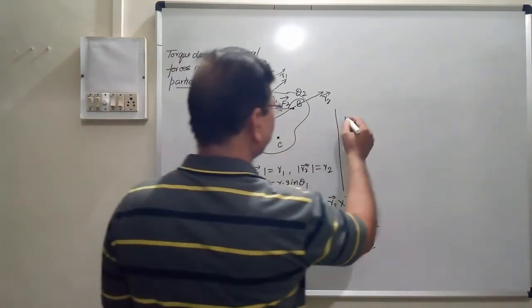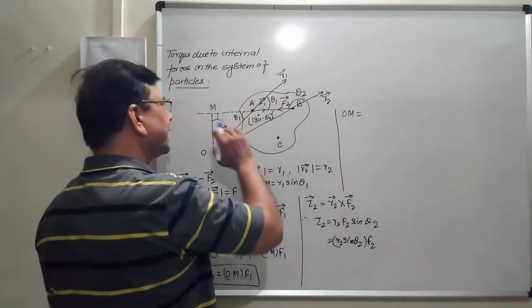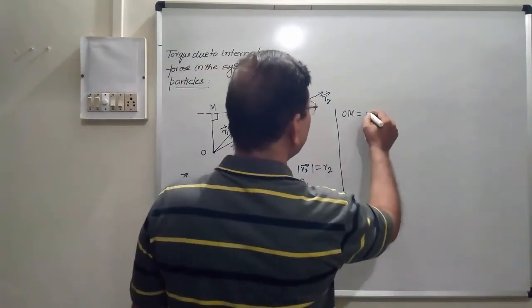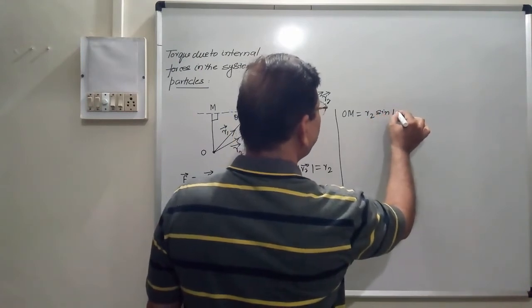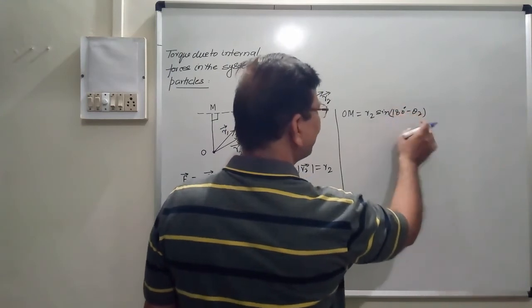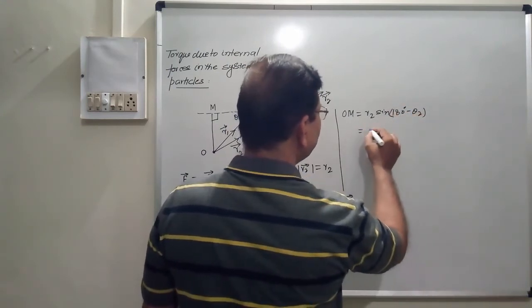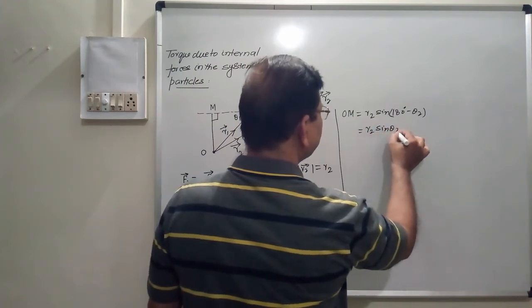So OM is equal to R2 sine 180 minus theta 2, that is R2 sine 180 degree minus theta 2, and sine 180 minus theta 2 is equal to sine theta 2, that is R2 sine theta 2.